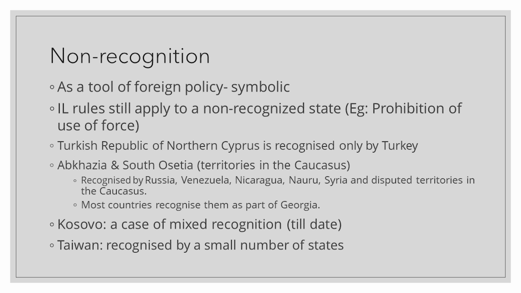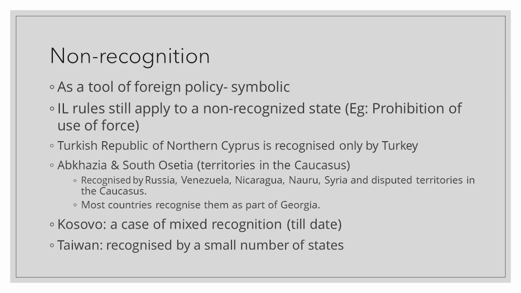So prohibition of use of force, or non-use of force, is a very significant international law principle. This applies on a state which has not been recognized. That means the state which has not been recognized, for example, a newly separated state, even if it is not recognized as a new state by other states, still is under an obligation to refrain from using force against other states.